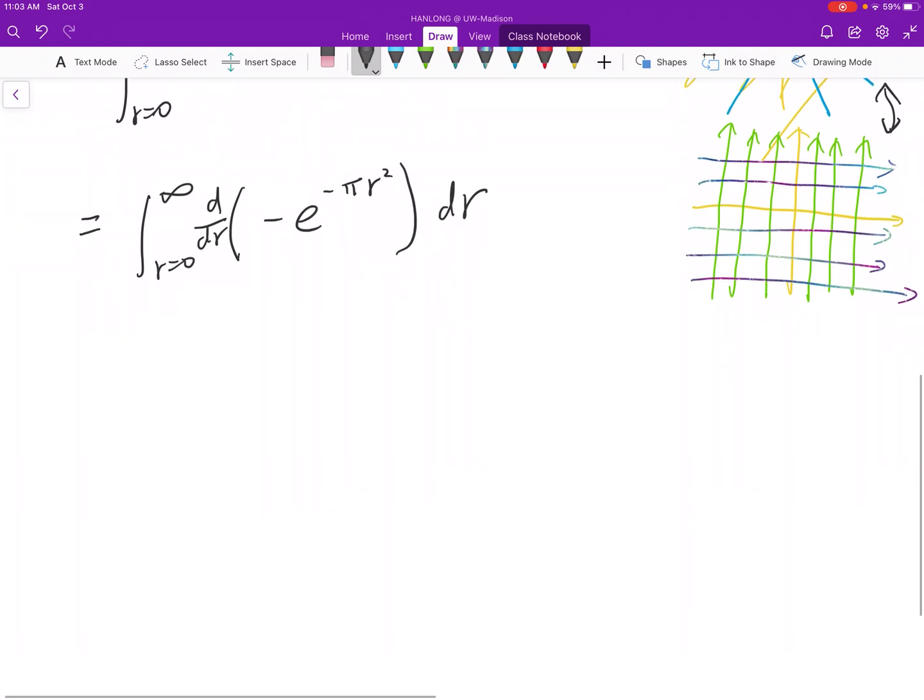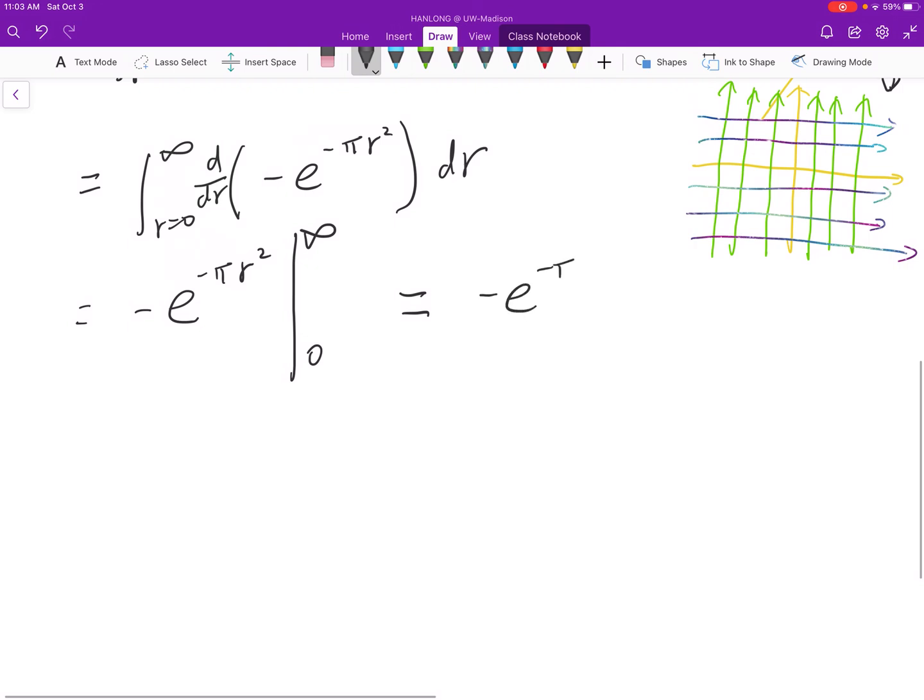By the Newton-Leibniz theorem, or fundamental theorem of calculus, you have this, and when you plug in infinity, minus the value at 0, the first term cancels out because exponential of negative infinity is 0, and the second term is 1. So we are done.